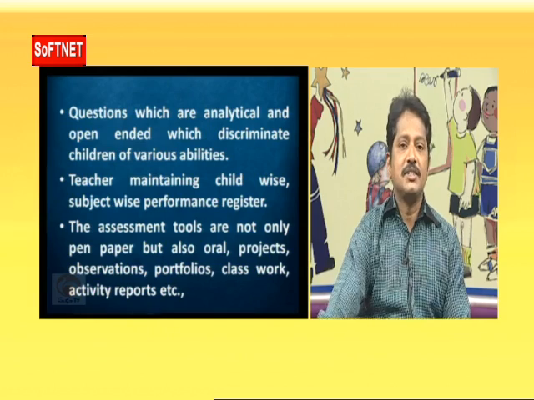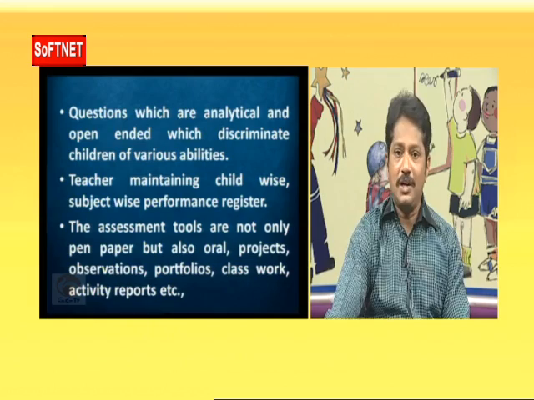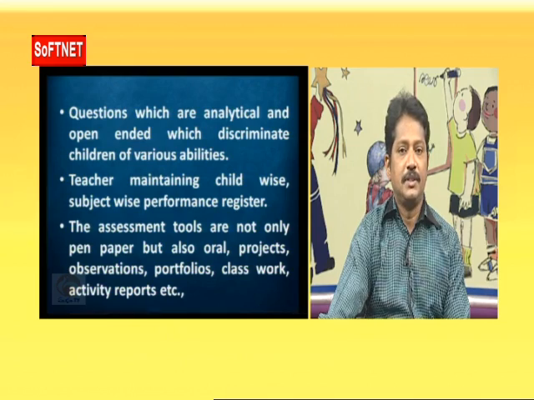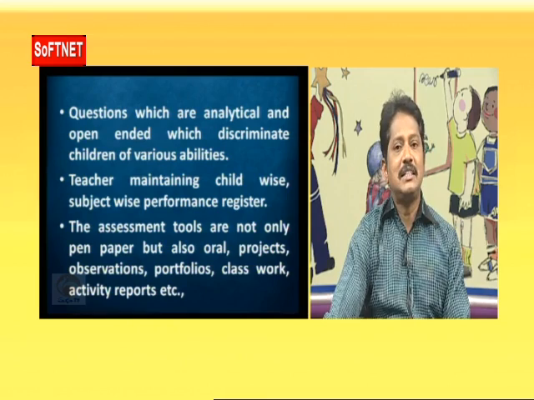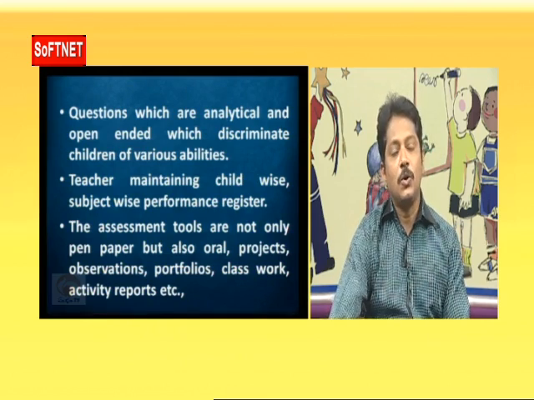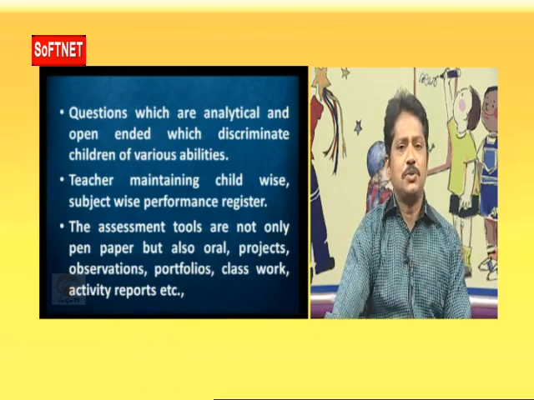In mathematics, generally, we test through written tests, oral tests, projects, observation, and some classroom activity also. Through all these, we assess the children in a holistic manner. Pen and paper is not the only test to assess the children.